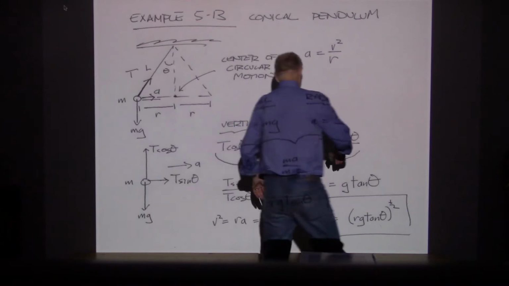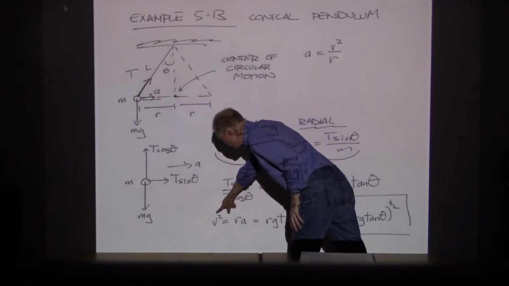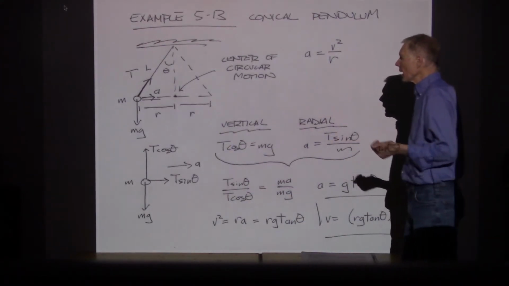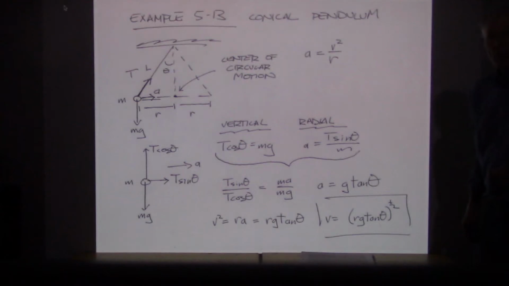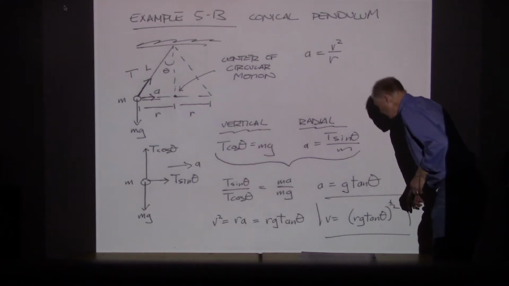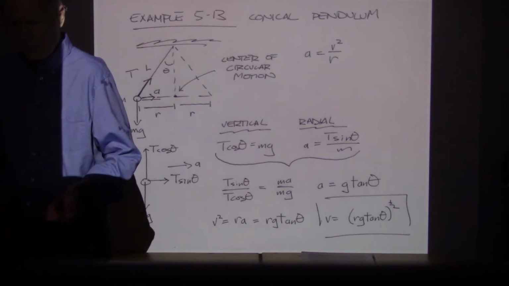Now, that's what the acceleration is. I can solve for v squared equals r times a. That says that the speed at which this object will be traveling is given by the square root of r g tan theta. So that's the formula we've come up with.